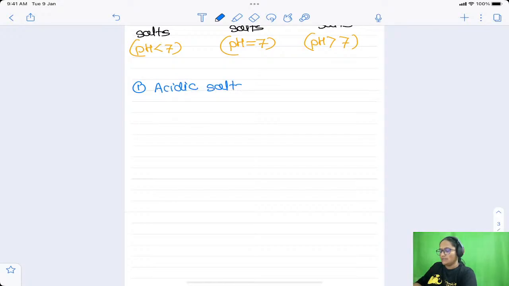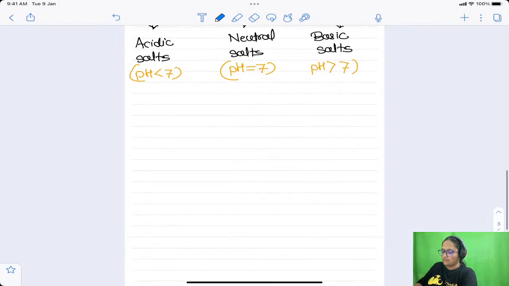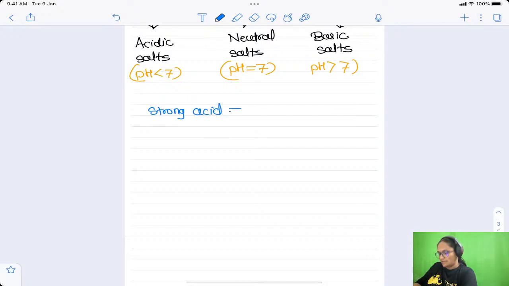How are the acidic salts formed? Very easy. Let me just give you one simple trick first of all to find out the nature of the salts. So what is the trick? Let me use some abbreviations first. Strong acid is nothing but SA.